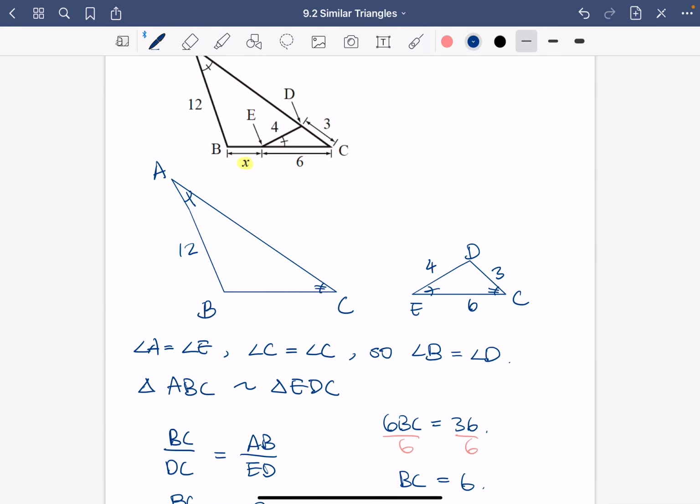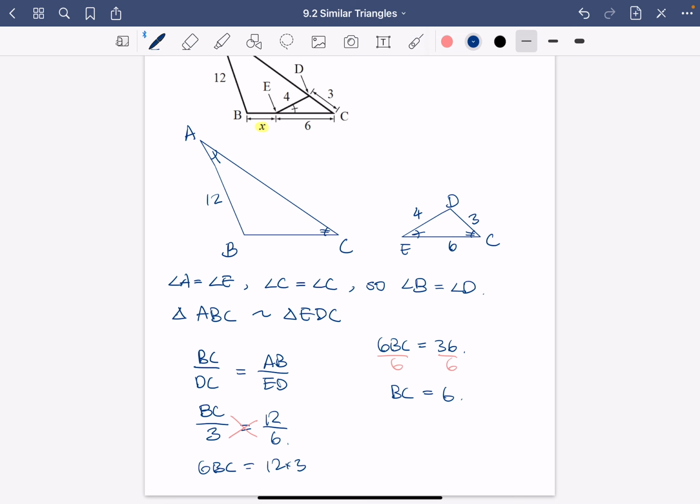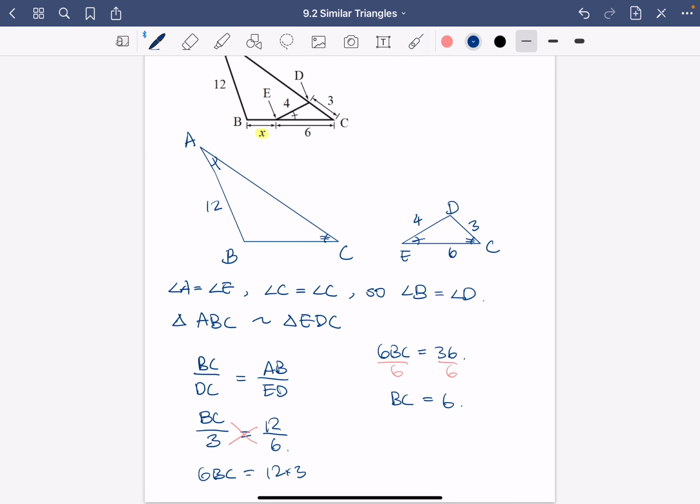Okay. Wait a minute. BC over DC is 12 over, oh, I copied it wrong. ED is equal to 4, not 6. I copied it wrong. So it's 4 over here. So it's actually 4 BC equal to 12 times 3.